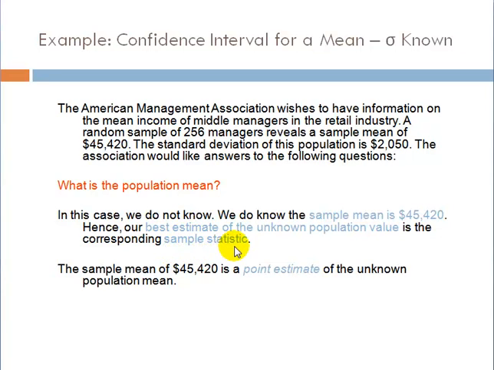For example, the sample mean is a sample statistic, and the sample standard deviation is a sample statistic. If we do not know the population parameters, we can use the corresponding sample statistic to estimate them. So the answer to the first question is that the sample mean of 45,420 is a point estimate of the unknown population mean.